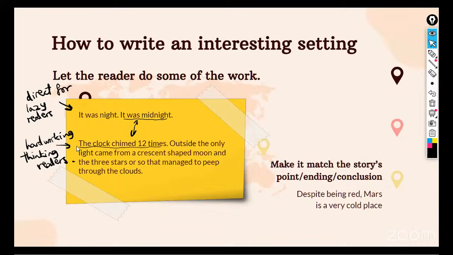Yeah, guys. So if this was a story, it's not that we put it in both. It's that I'm showing you that this is what might be considered a weaker setting. And then this is how we fix it. We make it so that the reader has to get details and that they could infer what is going on. I'm not suggesting you put the two of them in a story. We are just looking at weak examples and strong examples, right?